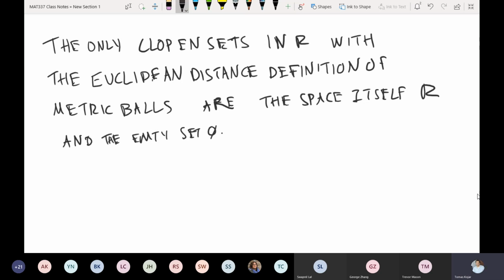Can a set be both bounded and unbounded at the same time? No, you can see this.